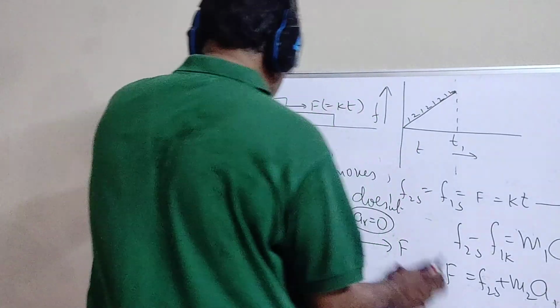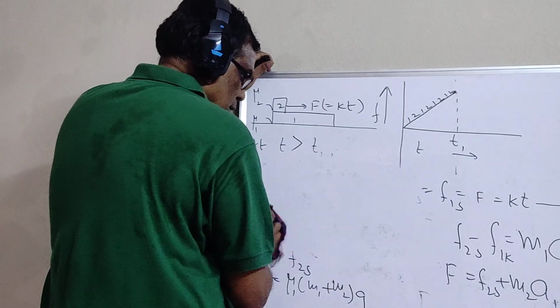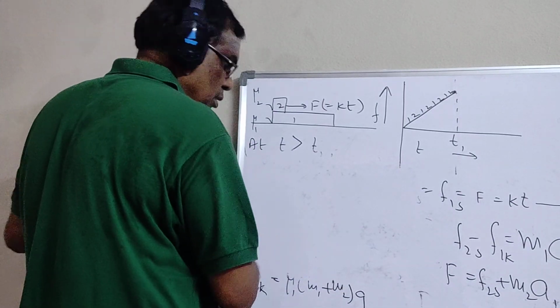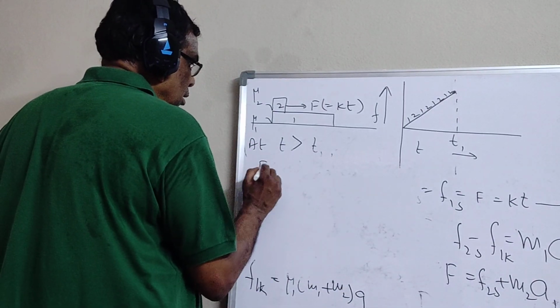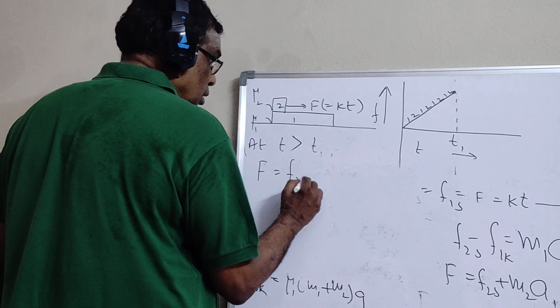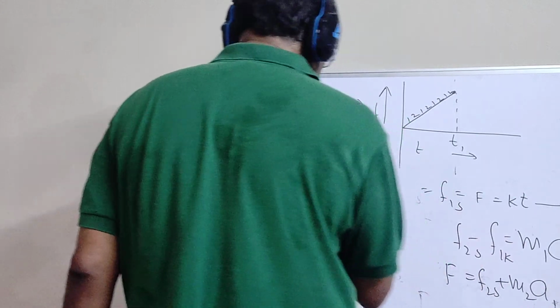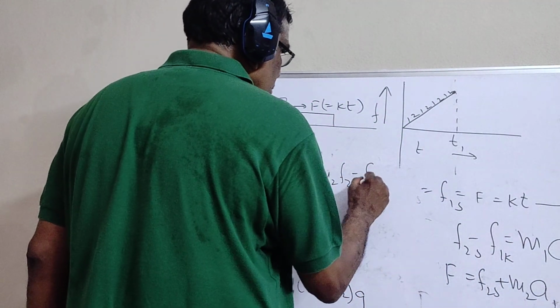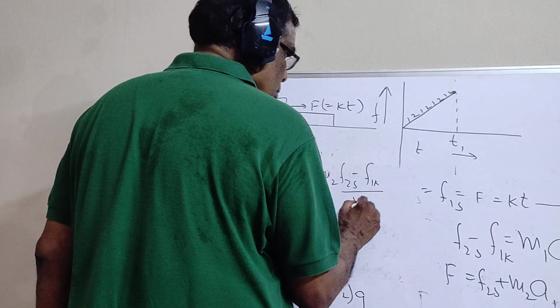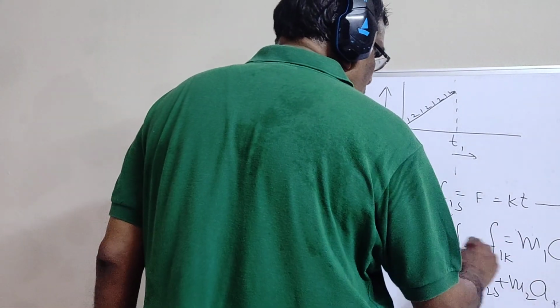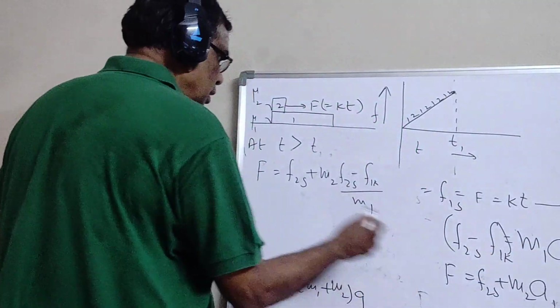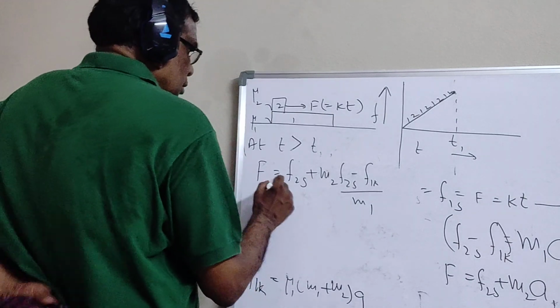I'll write it here. F is equal to F2S plus M2 into A1. What is A1? Whole divided by M1, so I have written it.